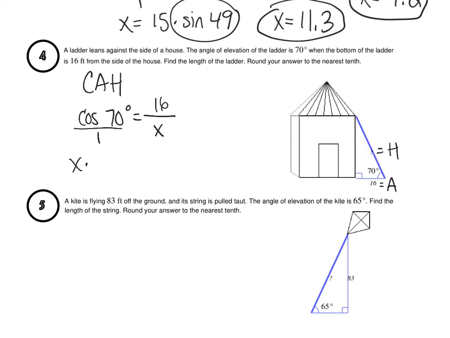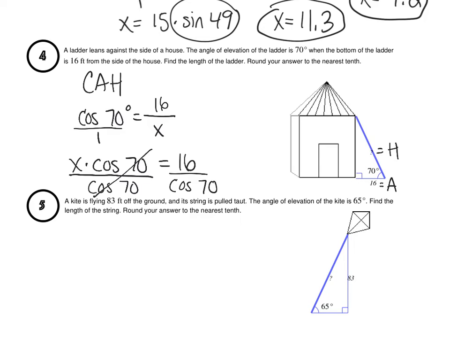We have x times cosine of 70 is equal to 16 this time. Now, in order to get x by itself, the opposite of multiplying is dividing. So we're going to divide both sides by cosine of 70 because we need to get rid of it.